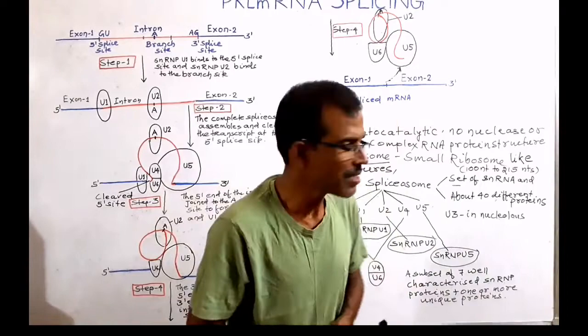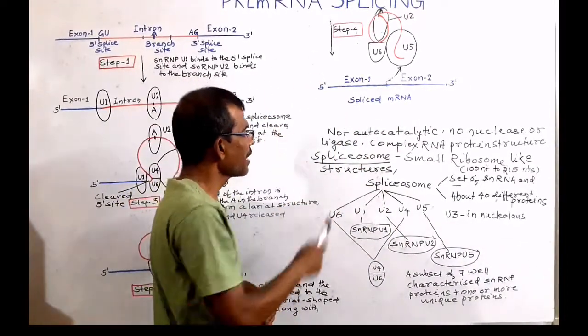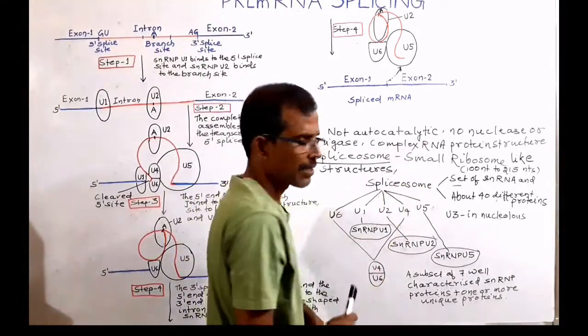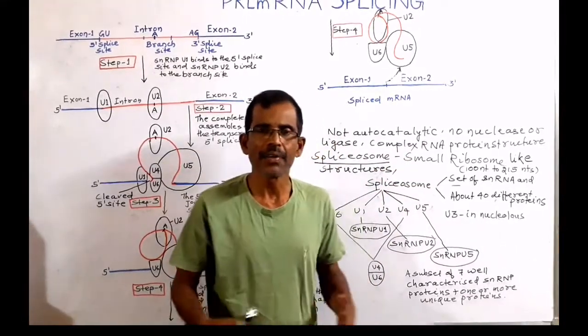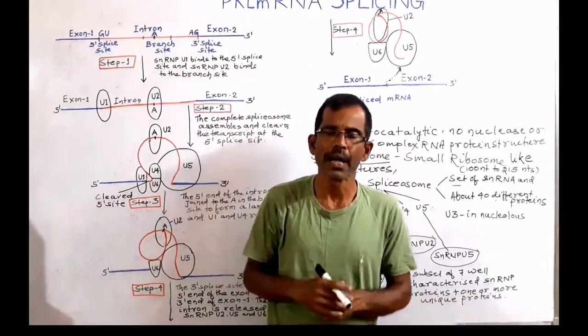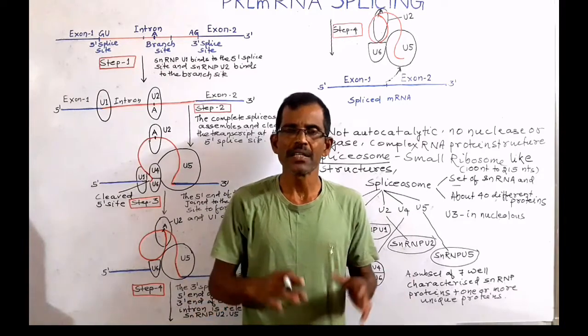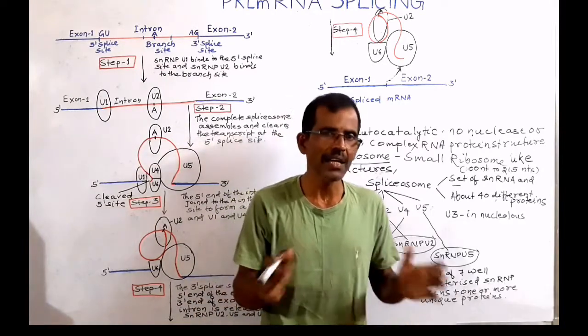First difference is that the splicing of pre-mRNA is not autocatalytic. Second difference is that during splicing of pre-mRNA, there is no involvement of splicing nuclease and splicing ligase.